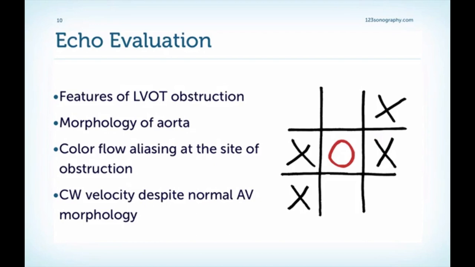And we have to look very closely so that we don't miss a membrane or a subvalvular stenosis in the LVOT or a stenosis after the aortic valve in the ascending aorta.